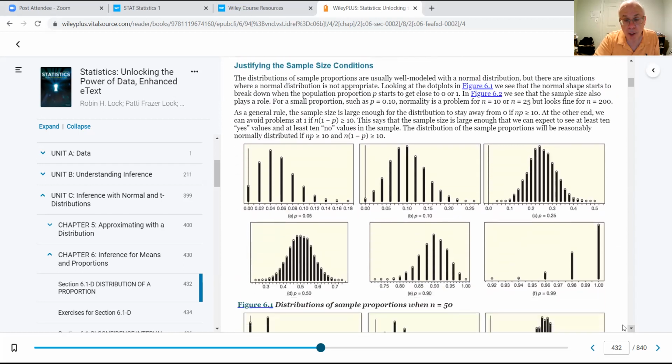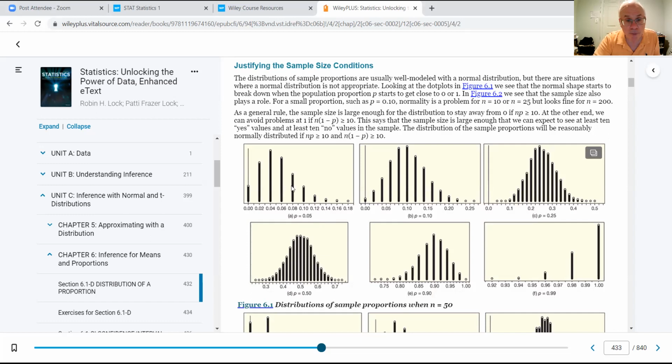Now, we talked a minute ago about the central limit theorem, and that basically, if the sample size is large enough, then we can assume normality for the sampling distribution, right? Now, with proportions, if the proportion is close to 0, remember proportions, just like probabilities, run from 0 to 1. And here's a proportion 0.05, close to 0.